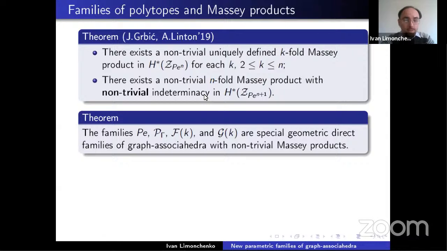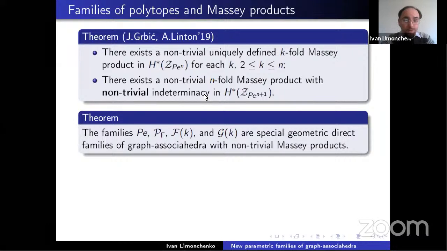But then it means that by means of our results, the n-dimensional permutahedron moment-angle manifold contains non-trivial Massey products of all orders from 2 to n in its cohomology. Moreover, if you consider P gamma and the boundary operator on P gamma, then this polytope will also contain all the non-trivial Massey products of all orders from 2 to n because of the value of the boundary operator.